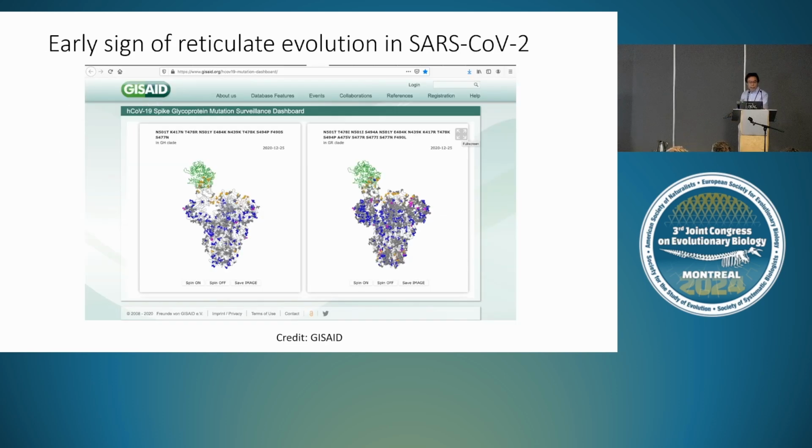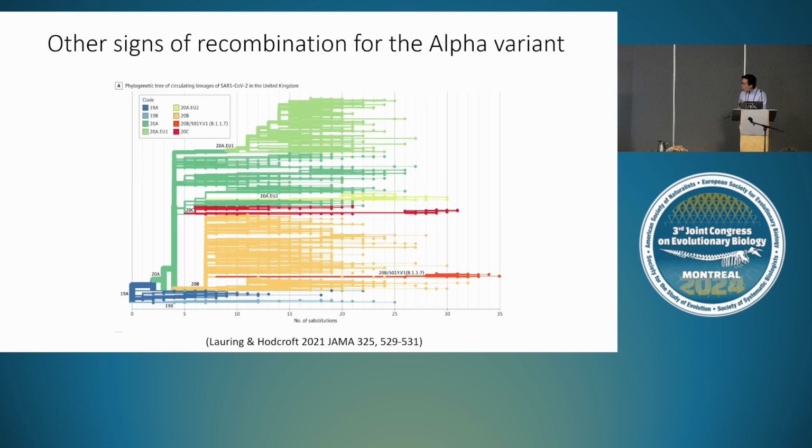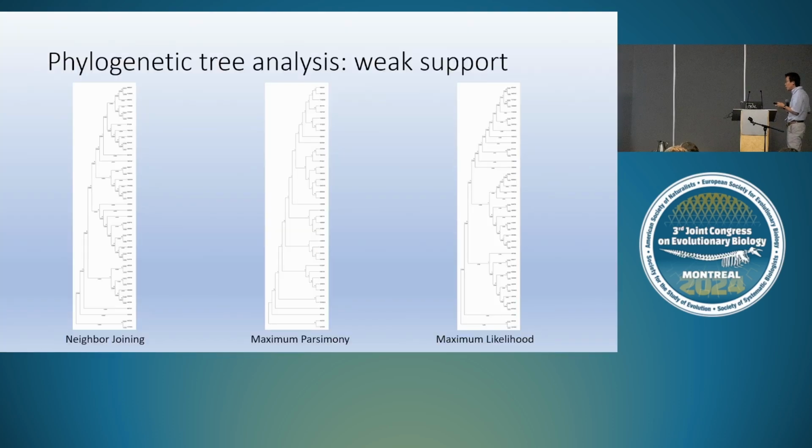So we looked at the alpha variant again, just looking at the recurrent mutations that happen in the coding region, particularly in the spike protein coding region. You find some recurrent mutations between different lineages of the alpha variant that suggest, again, recombination. There was also another signal of recombination: long branches leading to the alpha variant, okay?